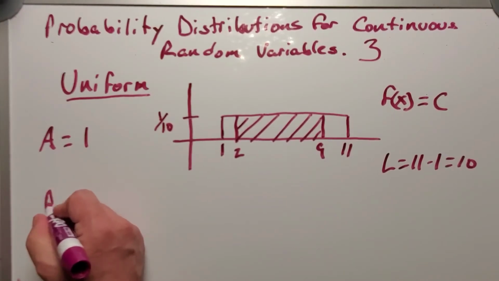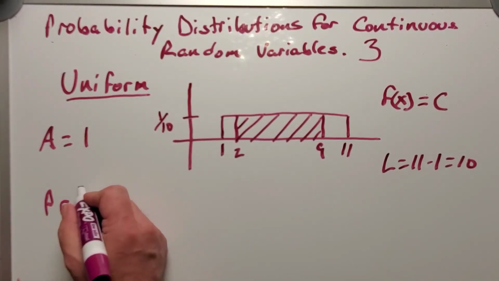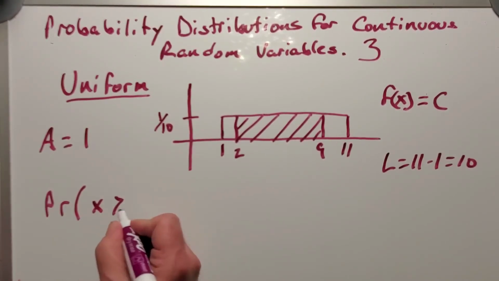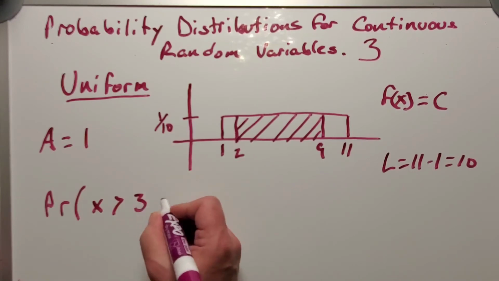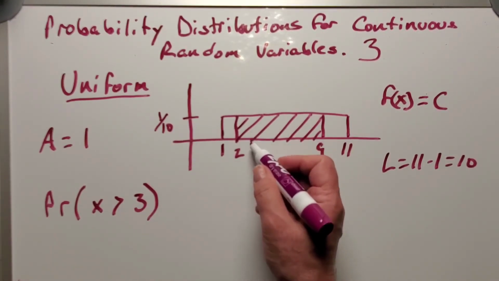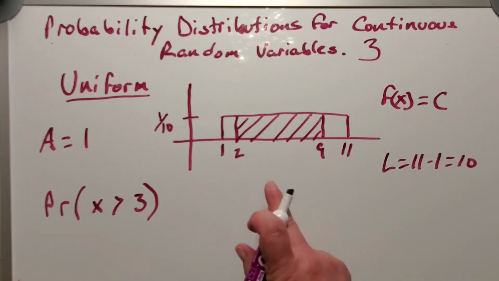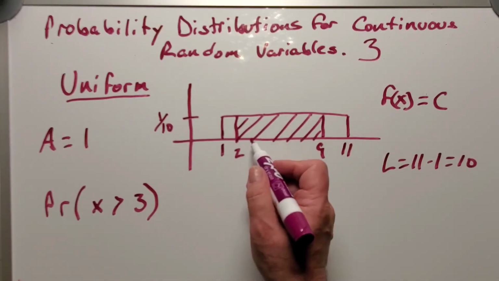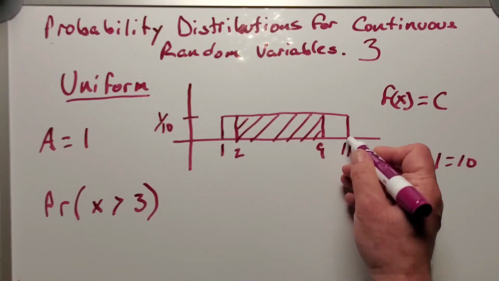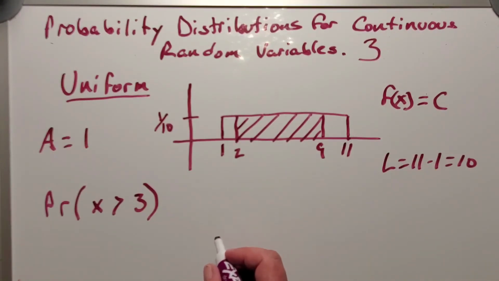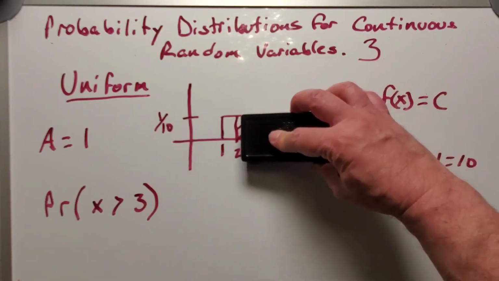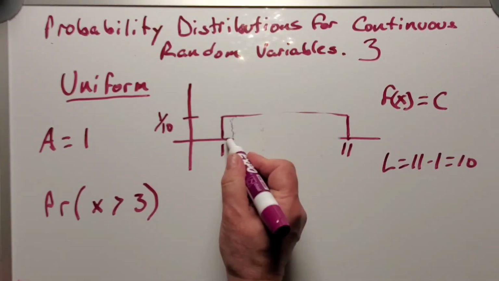Let's try the probability of x greater than 3. So now we're talking about a point somewhere around in here and then everything to the right. Well, I can assume that when it says x greater than 3, it means x greater than 3 as far as the probability distribution goes. So that really means I have an interval length, and I'll just clean this up a little bit and redraw it to represent what we're doing for this problem.